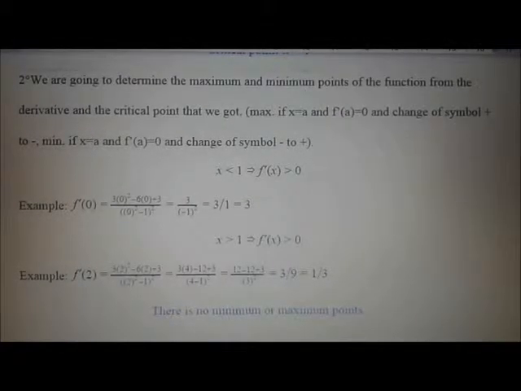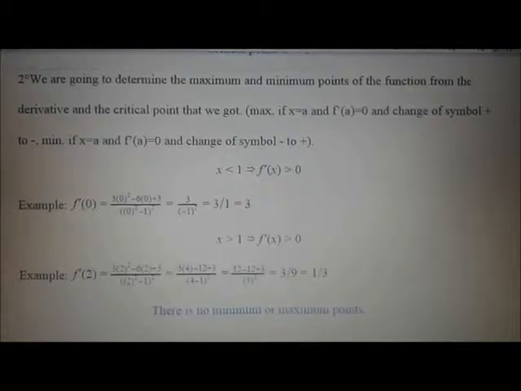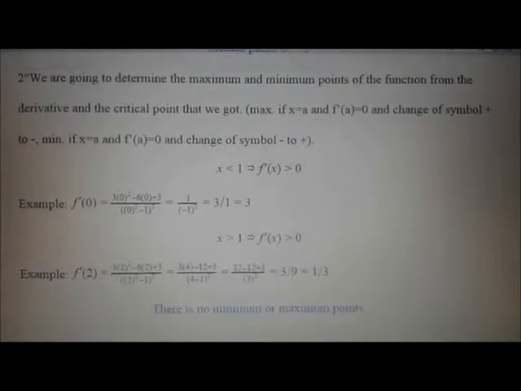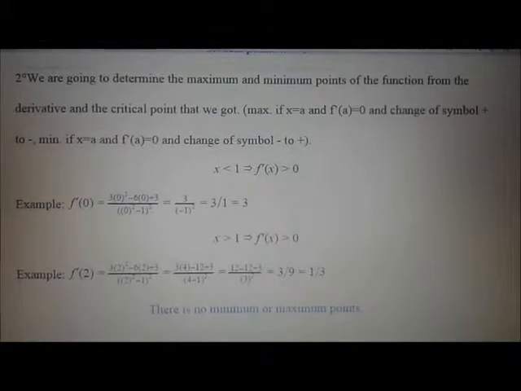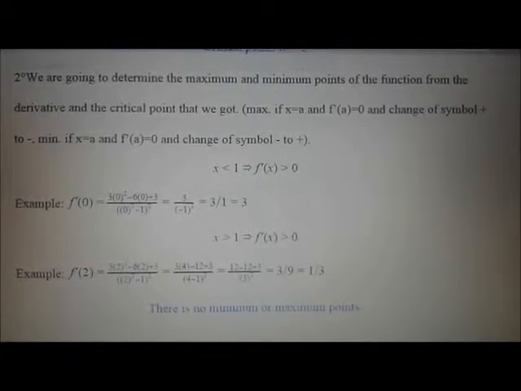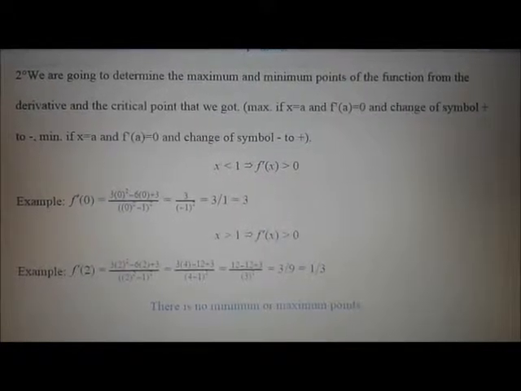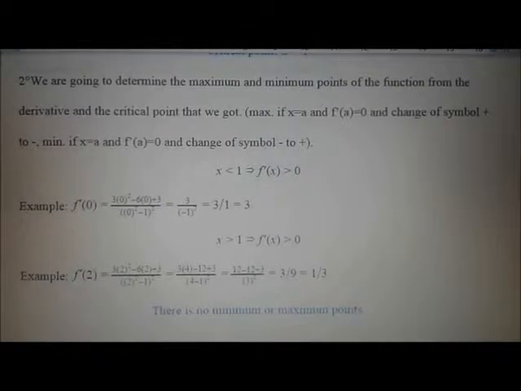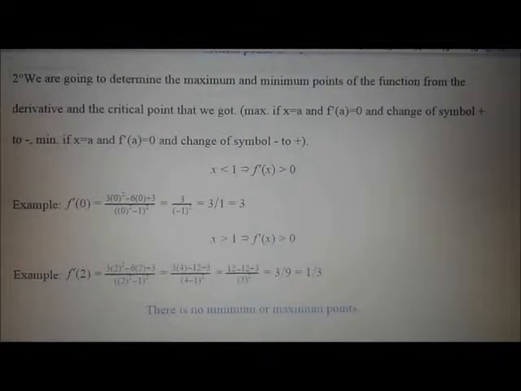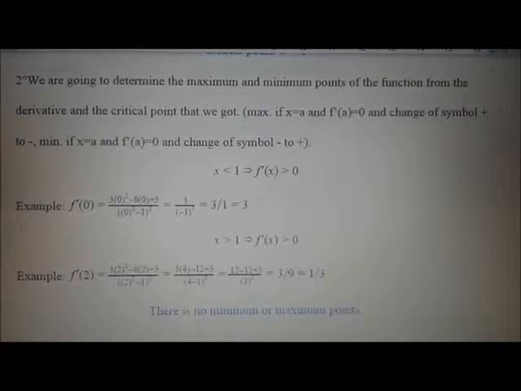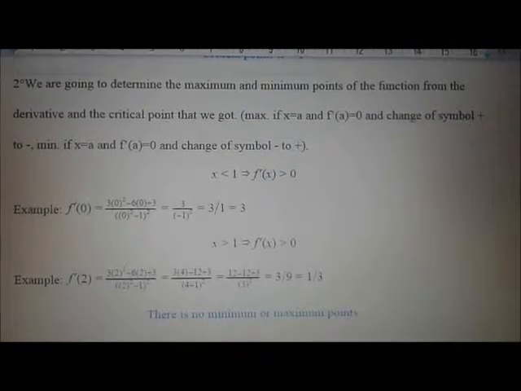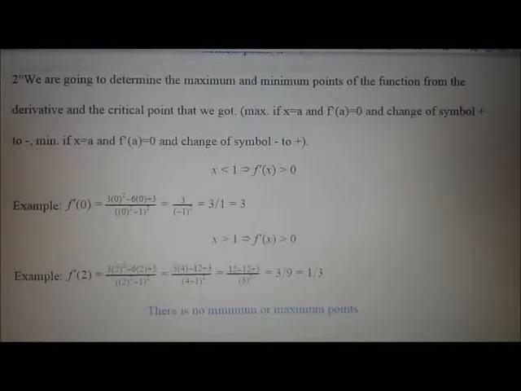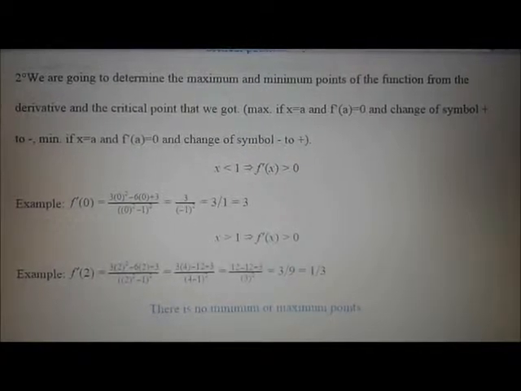We are going to determine the maximum and minimum points of the function from the derivative and the critical point that we got. The maximum point is if x is equal to a and the first derivative at a is equal to 0, and the sign changes from plus to minus.